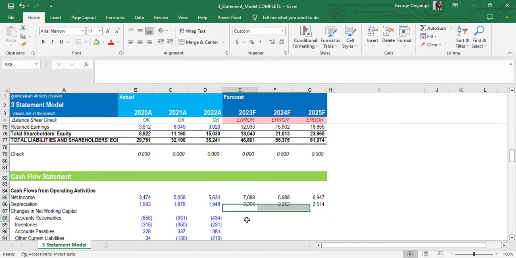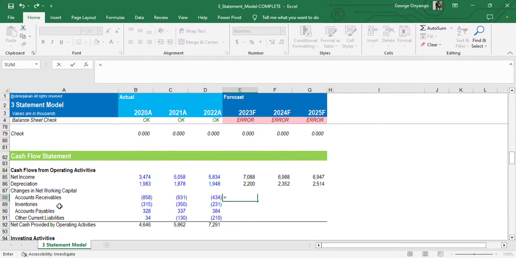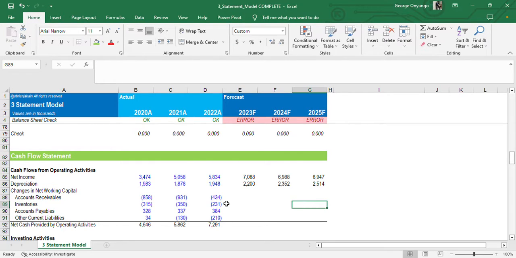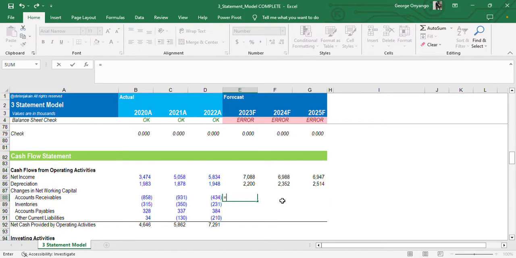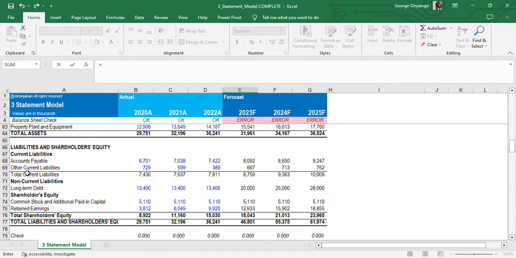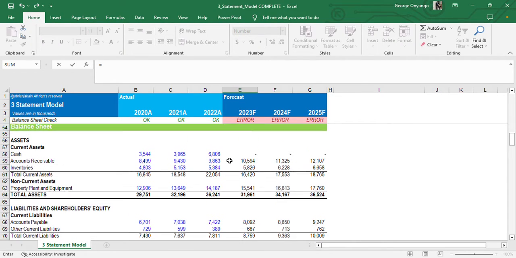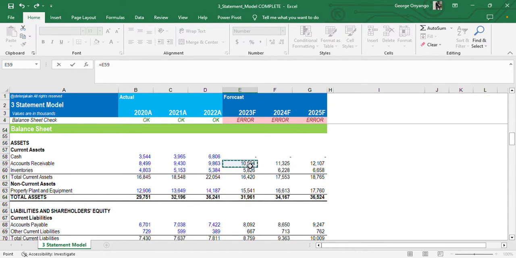Then we have the account receivables, the change in account receivables. That is under cash flow from the operating activities. We have the change in net working capital. So to get the change, we are basically going to, that one was account receivables, get the difference.